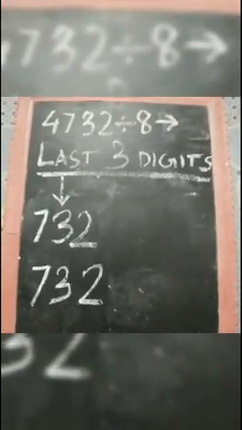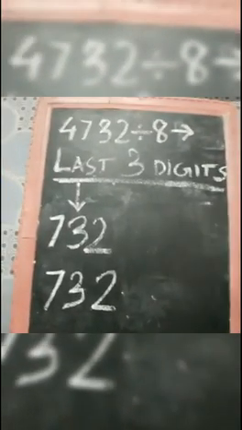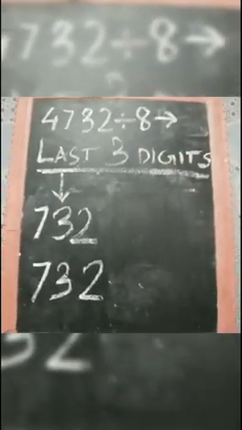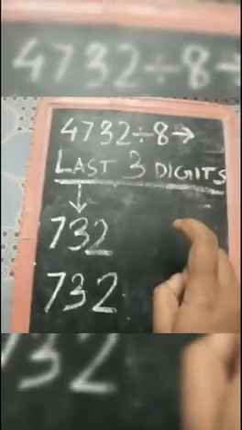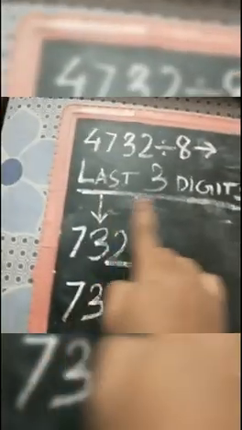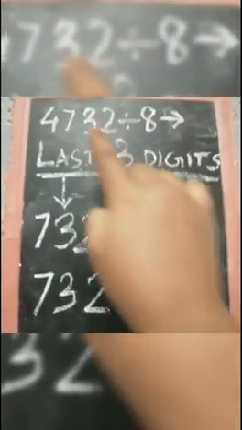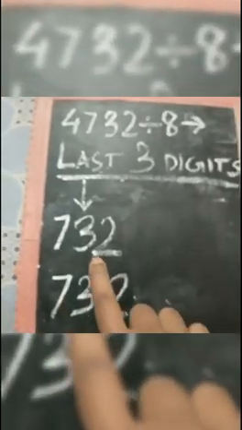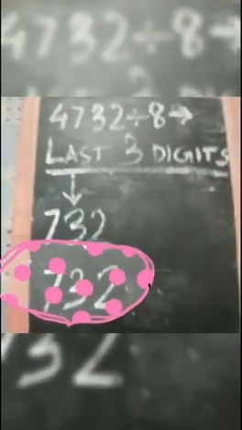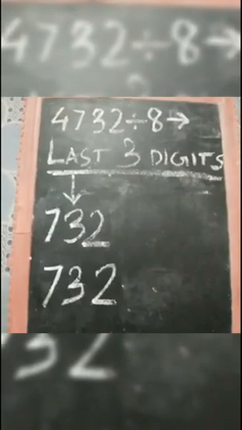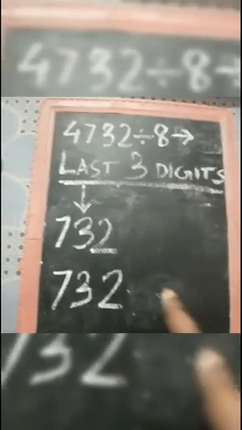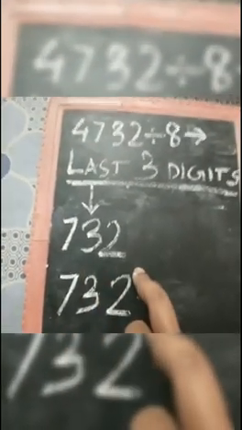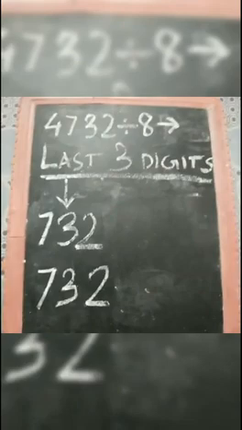To find out whether 4732 is divisible by 8, we have to first see the last 3 digits. So the last 3 digits of the number is 732. Okay. Now next we have to see whether 732 is divisible by 8 or not.